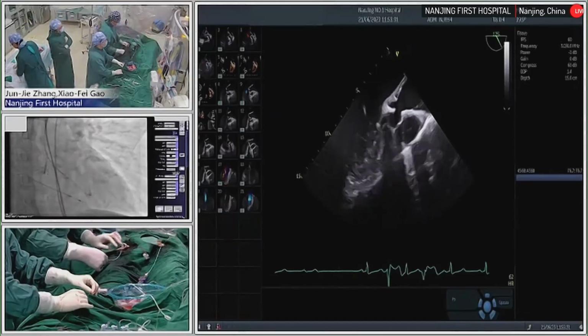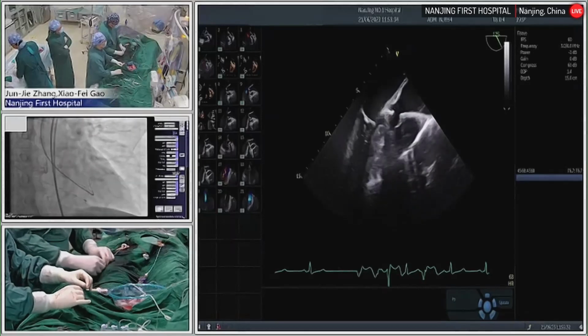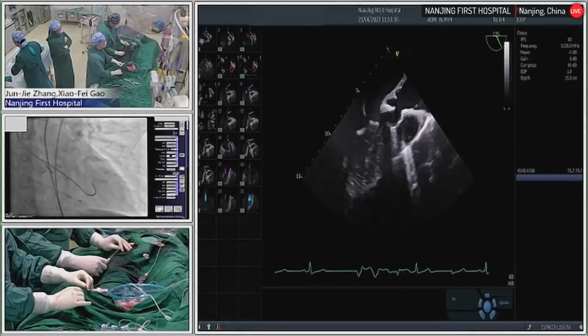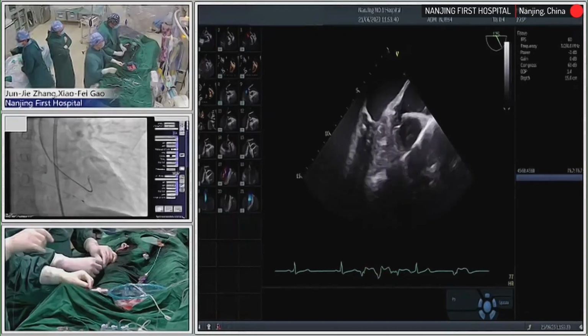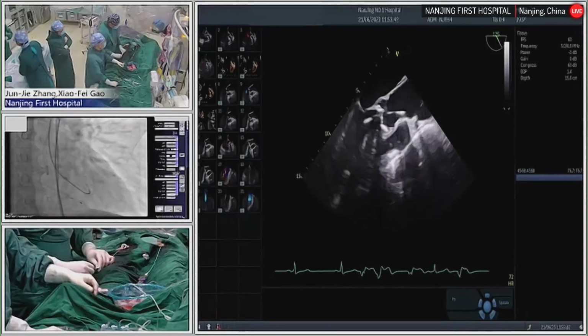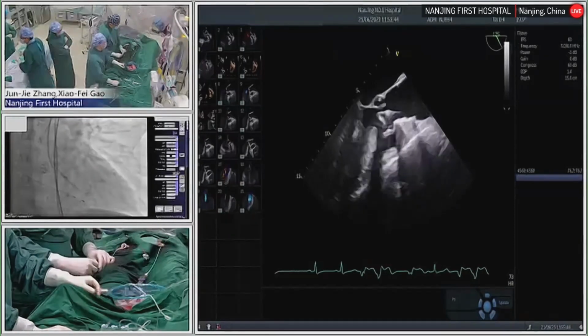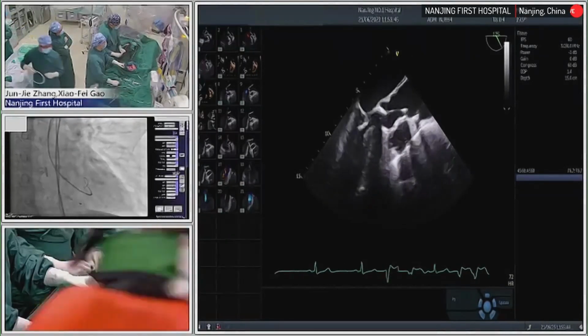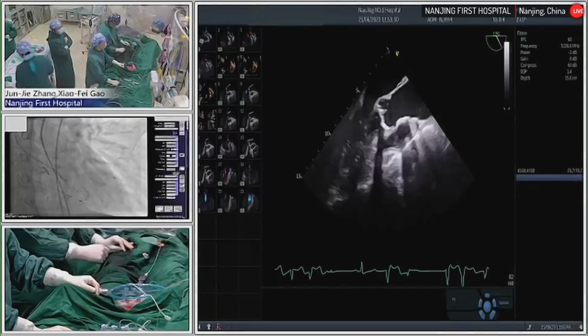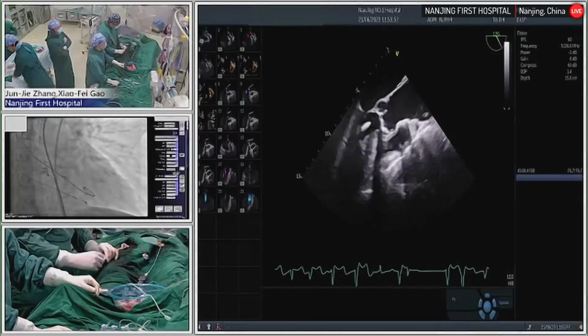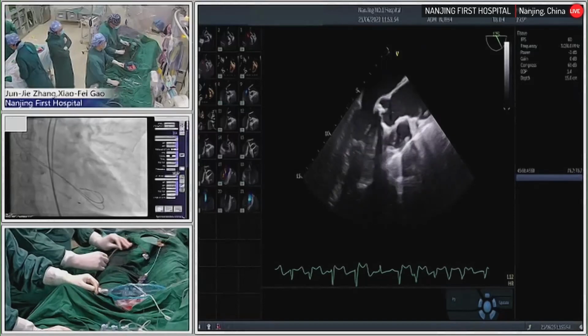Yeah. Actually, you can see the RV cavity is quite small. Dr. Zhang Juan, can you see my picture? It is just in the left or non-coronary sinus. Yeah. I try to insert my pigtail into the apex.